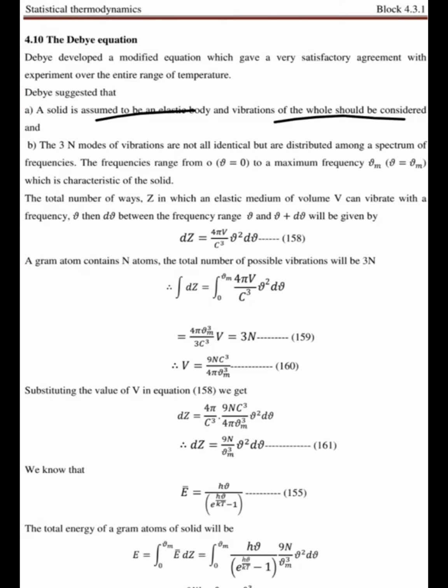And the 3N modes of vibration are not all identical. Means when the molecules vibrate in the three directions x, y and z, in all directions they won't be identical and are distributed among the spectrum of frequency. The frequency ranges from ν equal to 0 to a maximum ν m.